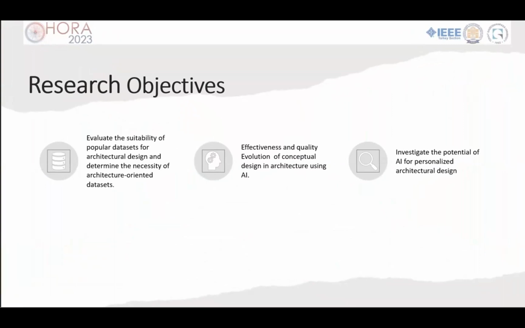Also, we try to evaluate the effectiveness and quality of conceptual design in architecture, investigating the potential of AI for personalized architectural design, since each architect has their unique philosophy and artistic perspective. By achieving these objectives, we hope to gain a deeper understanding of the potential of AI in architecture and how it can be used to improve the design process further.